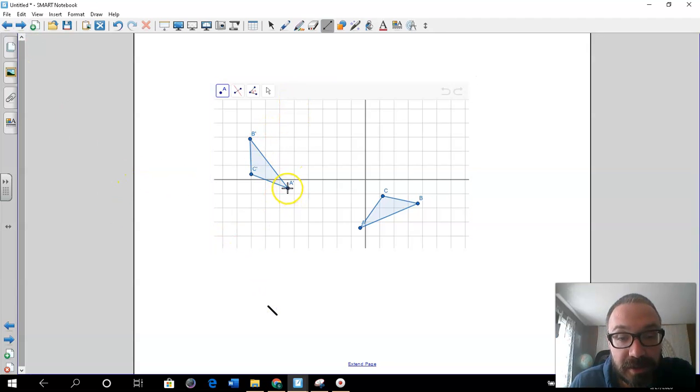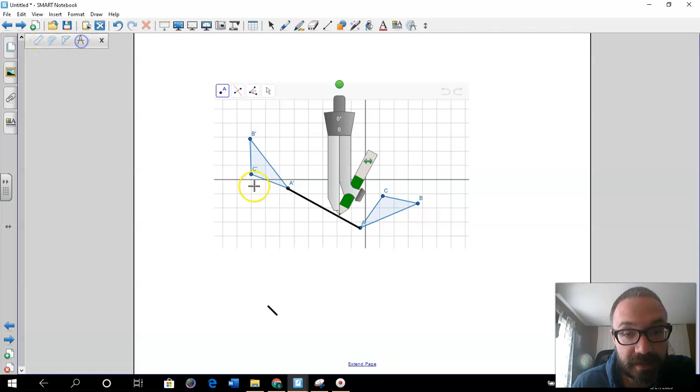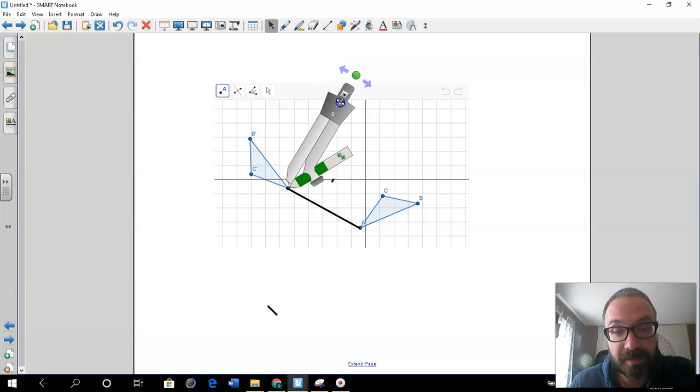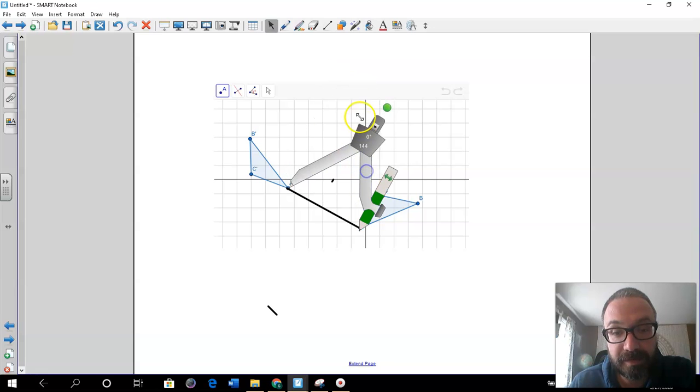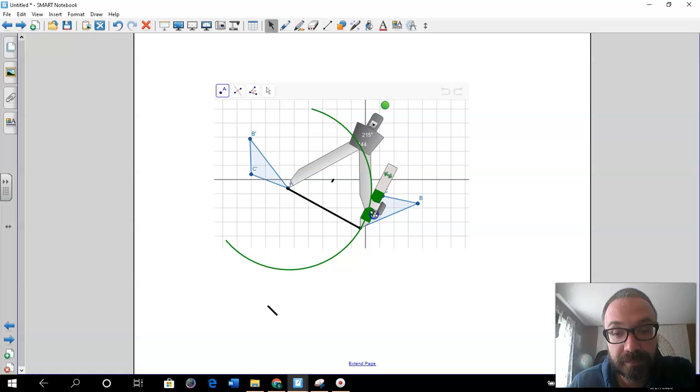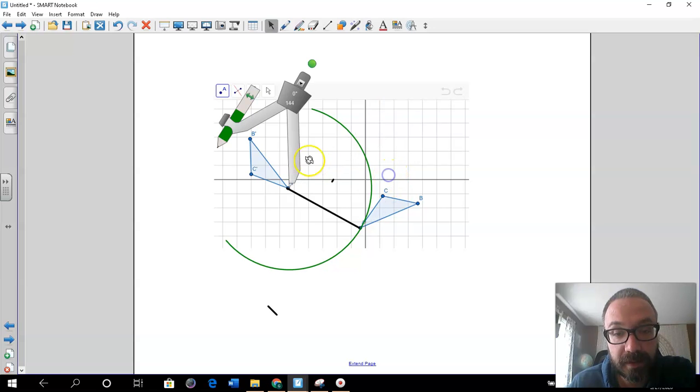So that's the gist of what we're going to do on the next page. We'll connect A and A prime, and then do our construction here. So we'll construct the perpendicular bisector of A and A prime.